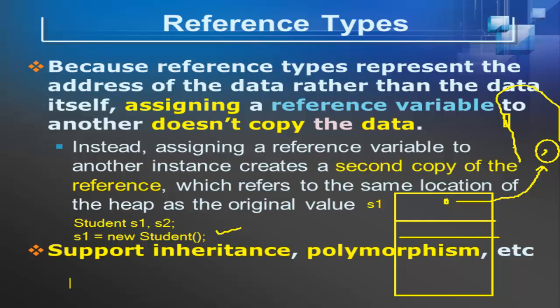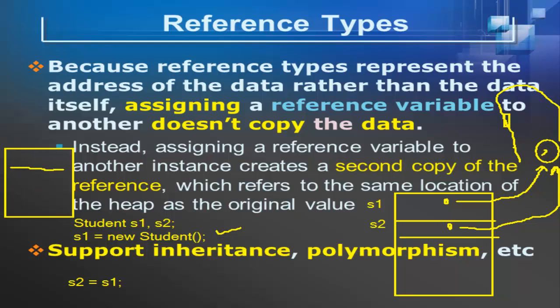Now, if I do S2 equal to S1, what's going to happen? Isn't it that the next location is S2? Now what is happening is there is no copy. Instead, this pointer will be pointing to the same location. Compare it with the previous scenario where I told you there were two integer values, int x and int y.